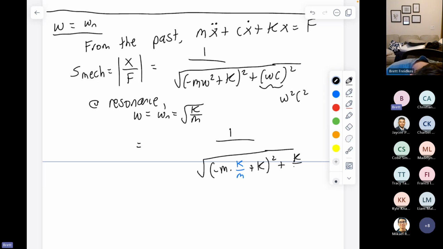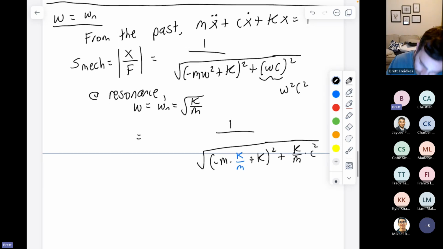It's going to be k over m times c squared. This term goes away. We see that? You have negative m times k over m. That gives you negative k plus k. That goes away. And we end up seeing that our mechanical sensitivity ends up just being 1 over omega n times c in that situation.